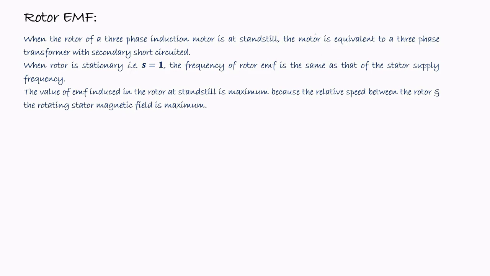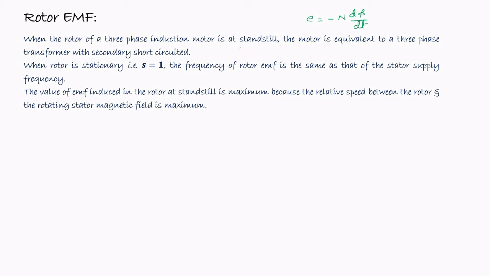As we know, the EMF induced in the rotor is based on Faraday's law of electromagnetic induction. So the rate of change of flux defines the magnitude of the induced EMF. During the standstill condition, the relative speed between the rotor and the rotating magnetic field is maximum, that is equal to Ns.